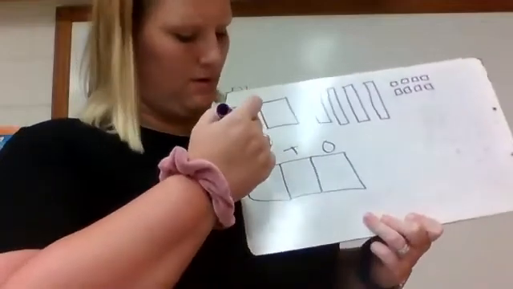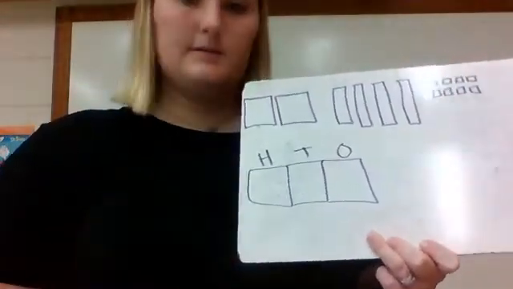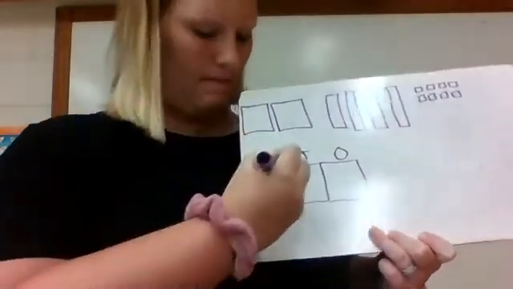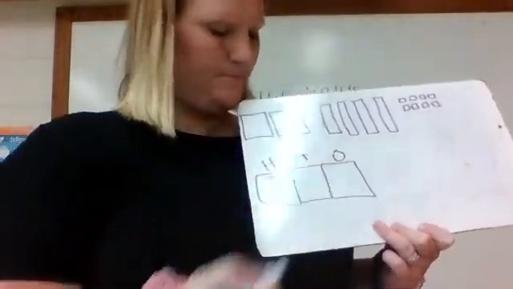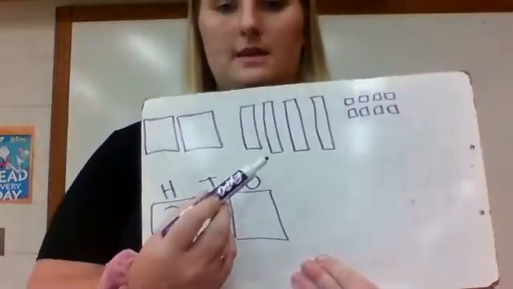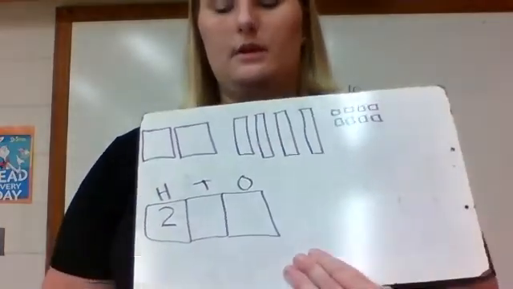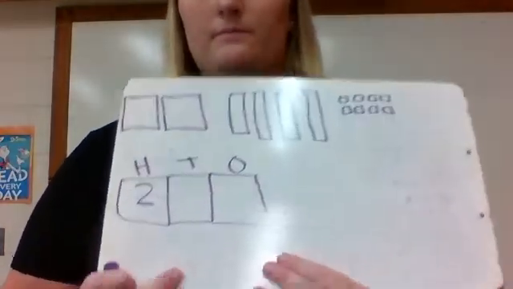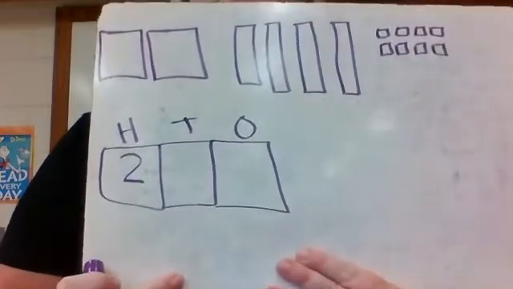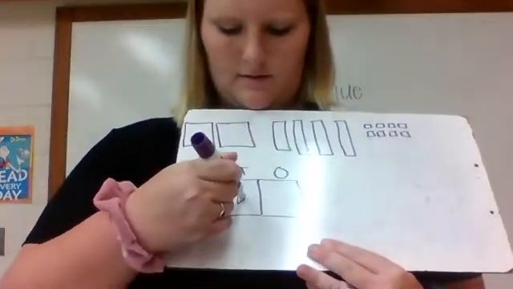Let's see, how many hundreds? 1, 2. So what number goes in this box? 2. Good. The number 2. How many tens do we see? 1, 2, 3, 4. So where does the number 4 go? Point to your screen. Right here. Good.